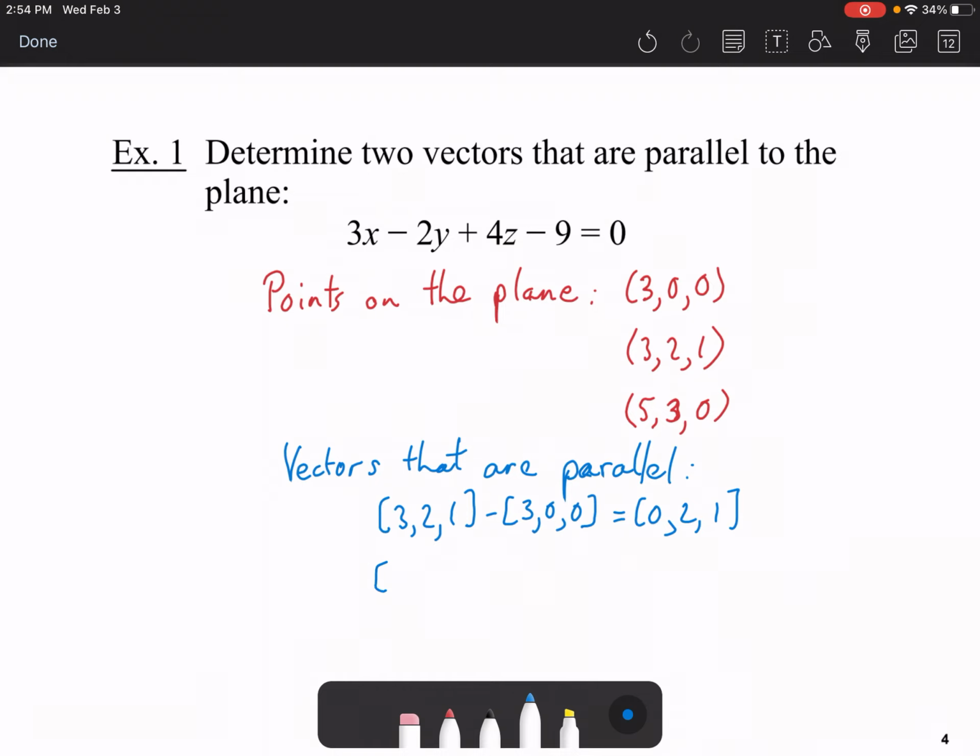Also, if I take any two other points, 5, 3, 0 as a vector, minus 3, 2, 1 as a vector, another vector that's parallel to the plane could be 2, 1, negative 1. And again, there could be an infinite number of different options that you can have here.